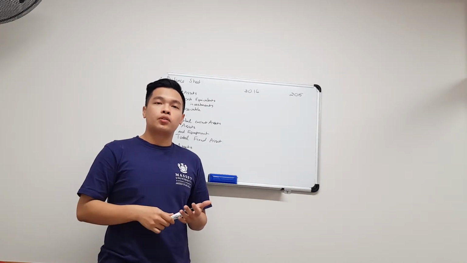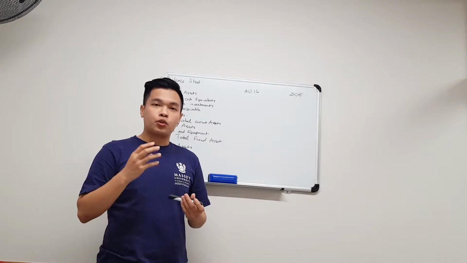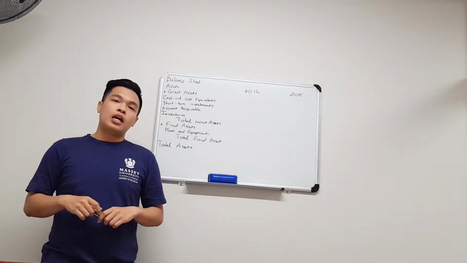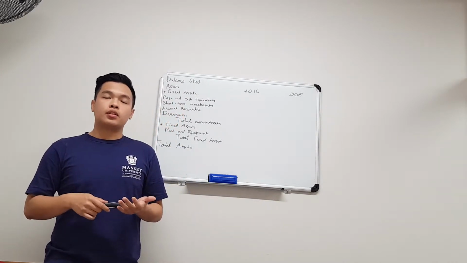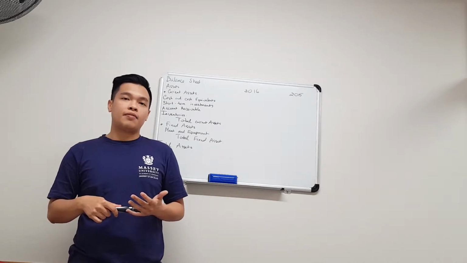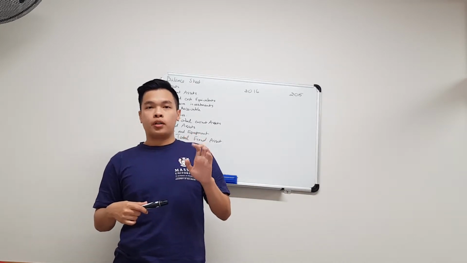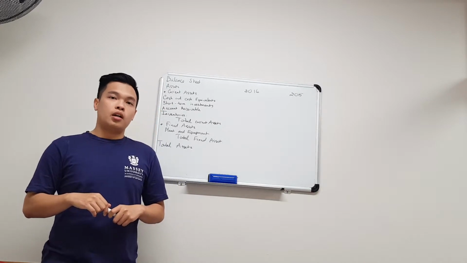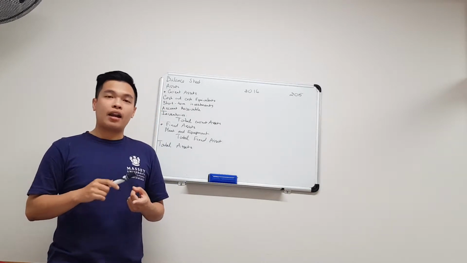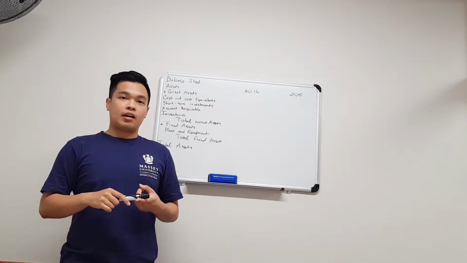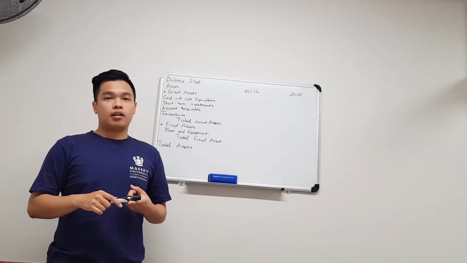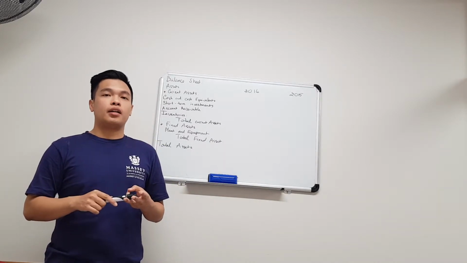Today I'm going to talk about financial statements, especially the financial statements of companies. We have four important financial statements. The first one is the balance sheet: we have assets, equity, and liability.